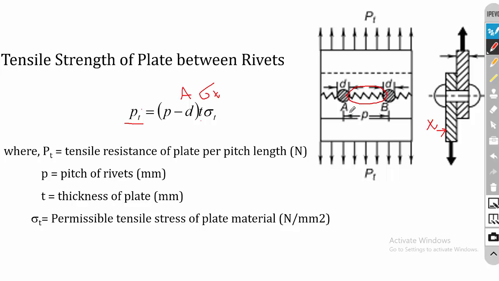The length is pitch minus diameter, because here you have a radius and here you have another radius of rivet, and 2 times the radius gives you the diameter of the rivet. So it is P_T = (p - d) t sigma_T. Here P_T is the tensile load applied, p is the row pitch, t is the thickness of the plate, sigma_T is the permissible tensile stress of the plate material.